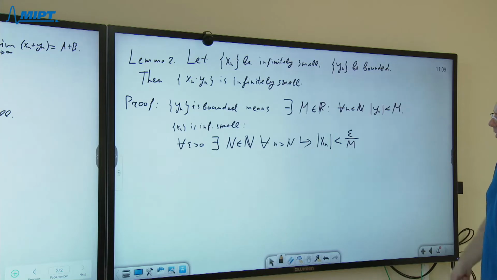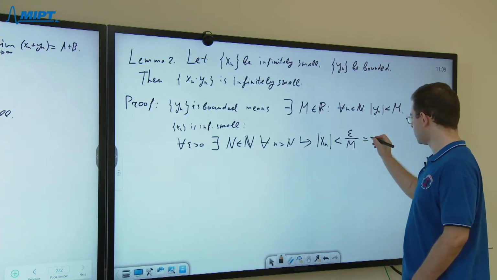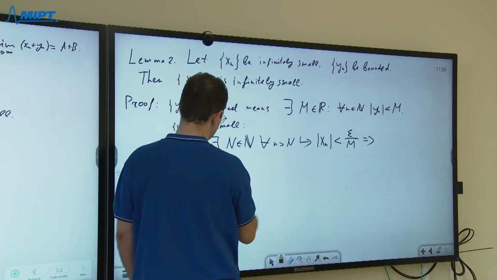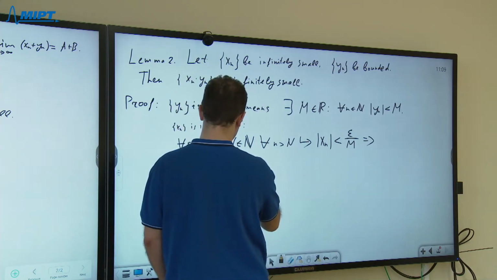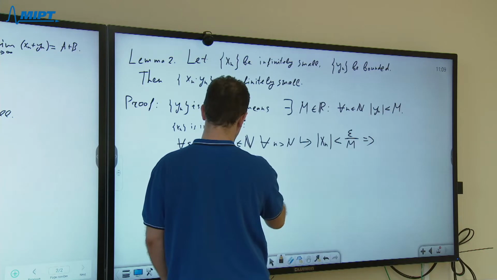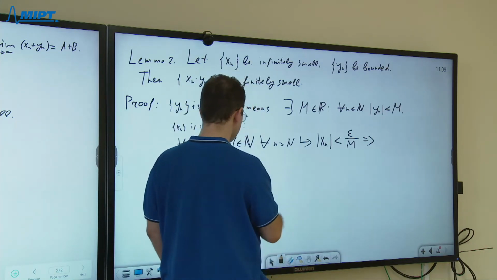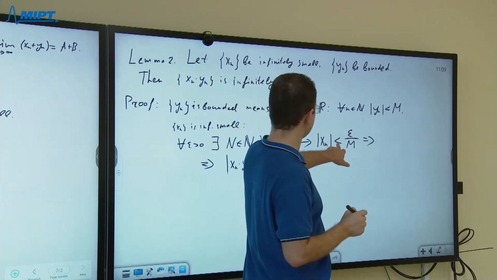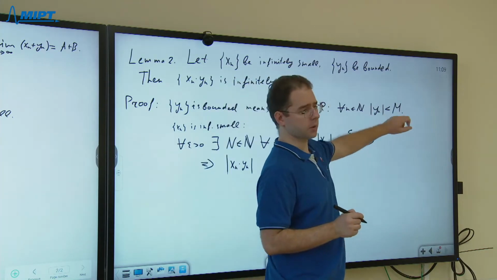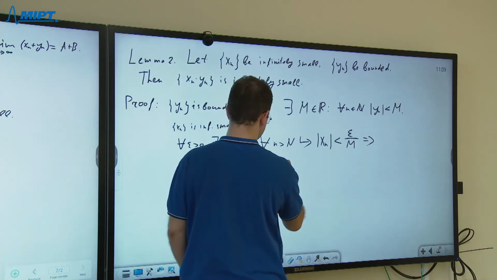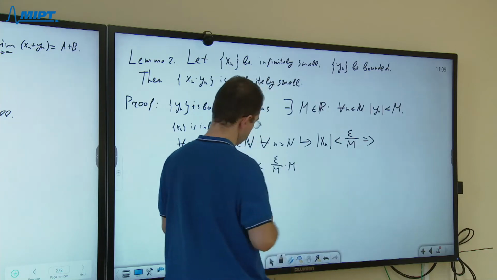From here it would follow that the absolute value of xn times yn, multiplying this inequality and that inequality, would be less than epsilon divided by M times M, which is just epsilon.